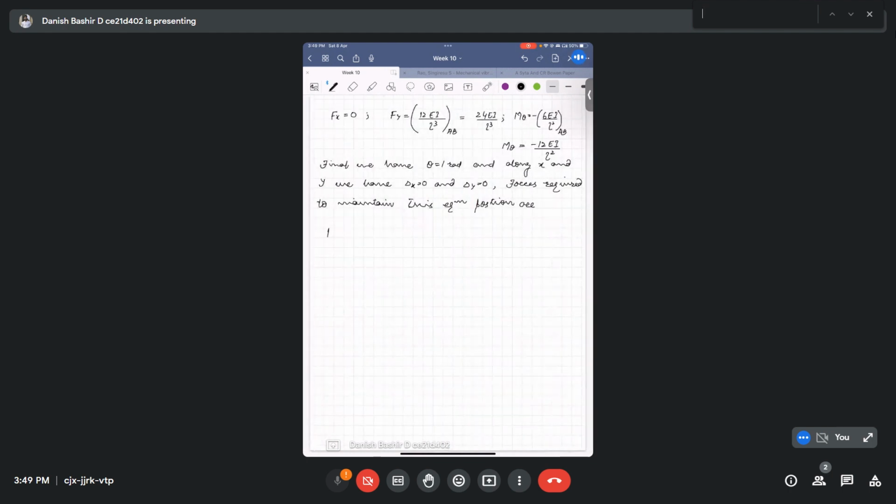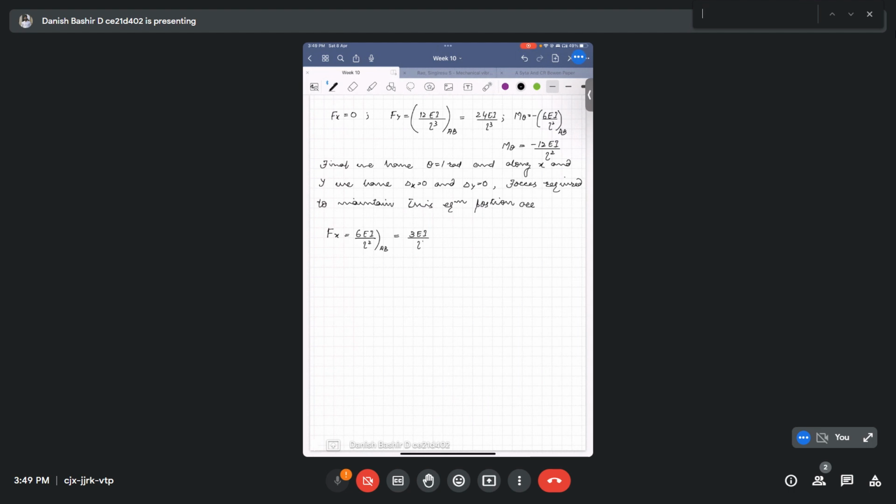So we will be getting Fx equal to 6 EI by L square of AB. Since I is 2I, it is 3 EI by L square.